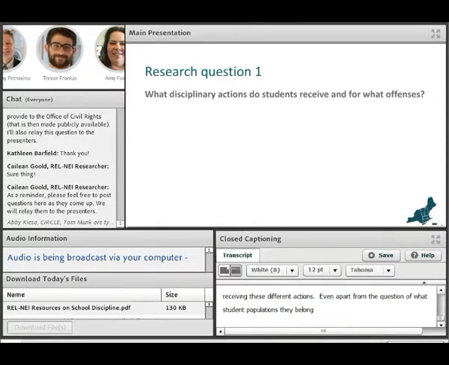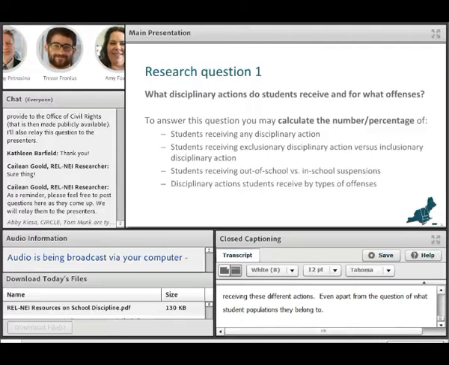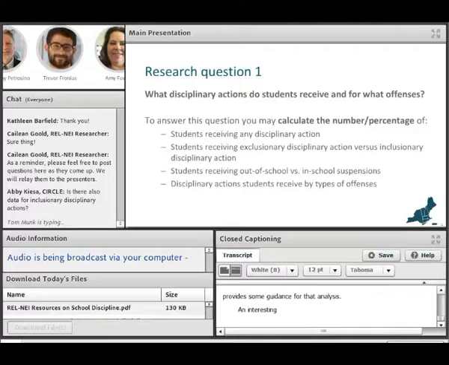So our report provides some guidance for that analysis. And the interesting thing is that you can do an awful lot of these analyses with very simple, what we call cross-tabulations. Very easy to do in any statistical software package.